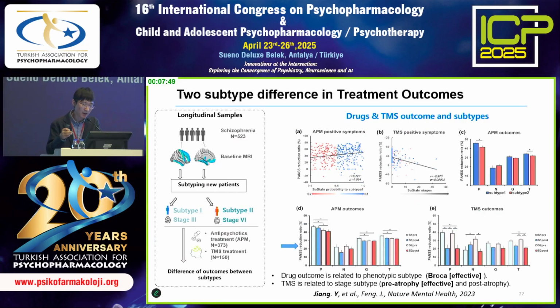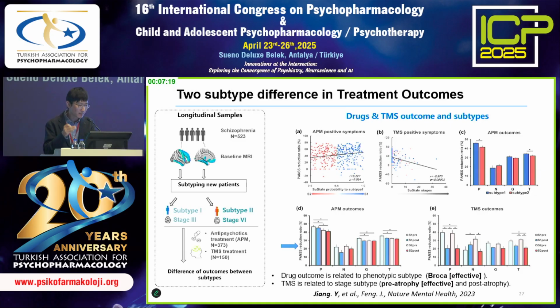We also used some other new data with treatment outcomes. We have longitudinal data from more than 500 patients with schizophrenia. We have their MRI data and their treatment information. For the drug medication patients, we found a significant positive correlation between subtype 1 and the treatment outcomes.